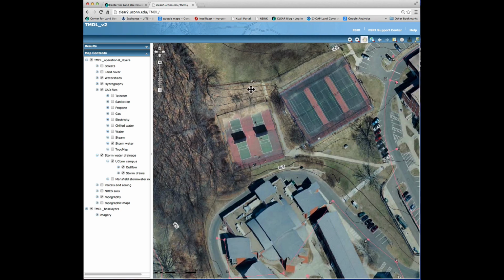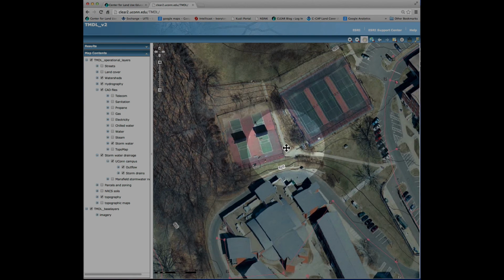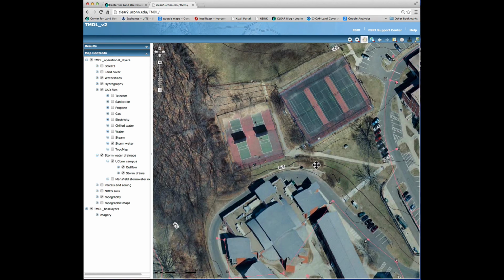The water is draining from top to bottom, but we don't seem to have any stormwater pipes at all except for right under this road, and there are no drains that I can see other than over here on the road. So it's likely that even though these two are impervious surfaces, they're draining this way onto this grassy area, and may or may not be connected.